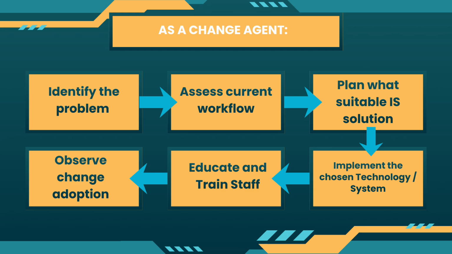By assessing the current workflow, the change agent will be able to know what things need to be lessened or improved. Third is to plan what information system is suitable for that facility. Next is to implement the chosen technology or system.